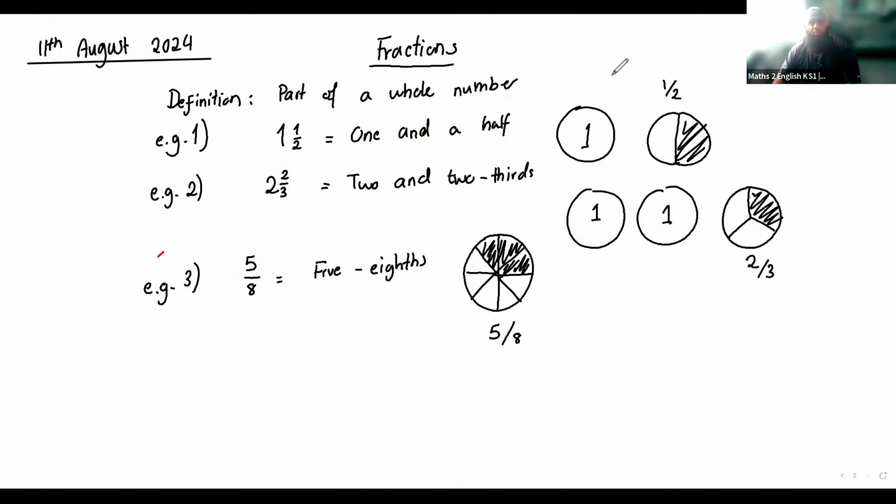So if I have 5/8, the line suggests division. This line over here means division.